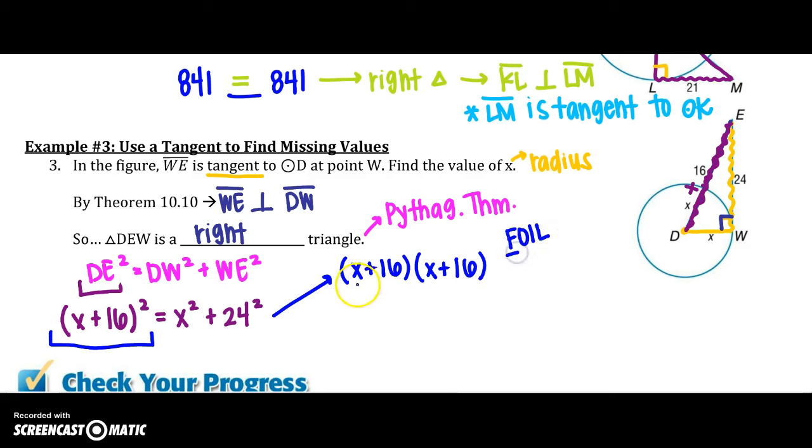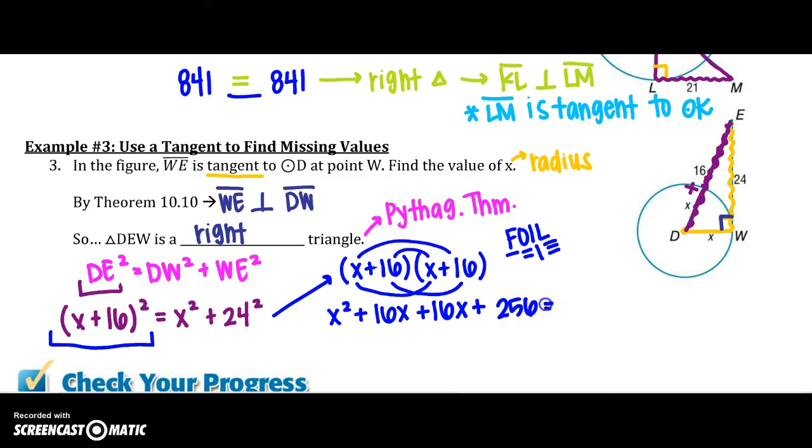The first, x squared, plus the outsides, 16x, plus the insides, 16x, and then my last, 16 times 16 is plus 256, equals, and then I'm going to finish this portion right here, x squared plus 576.